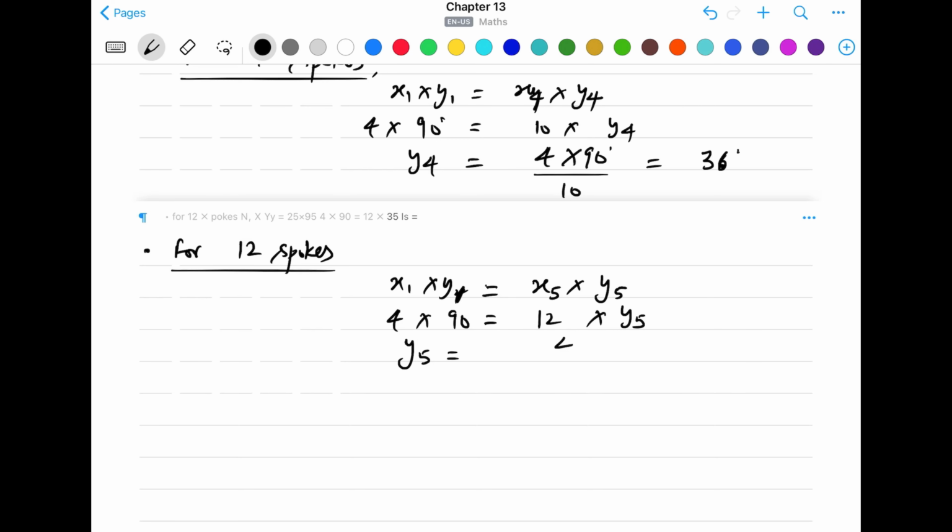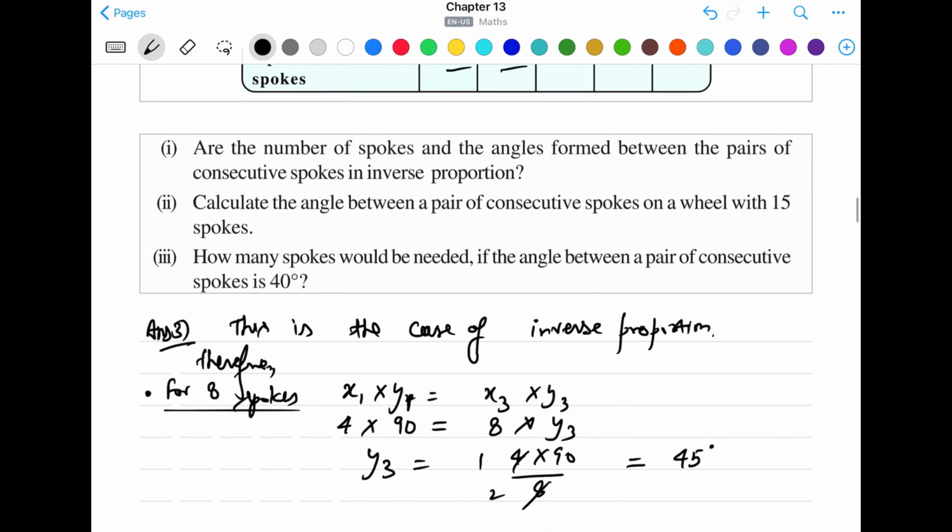So y5 from here will be 4 into 90 divided by 12. When you solve this, 4 and 12 will give us 1 and 3, and 90 by 3 will give us 30 degree. So the angle between the spokes is 30.